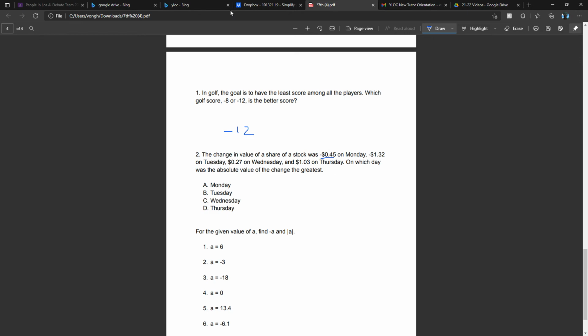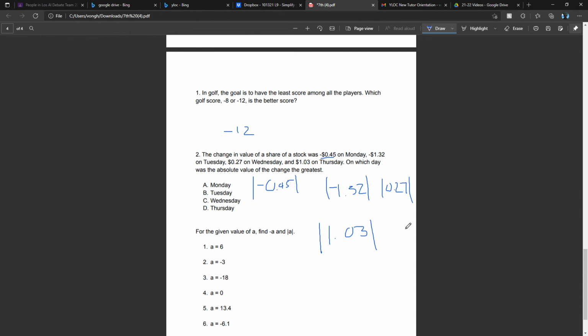So basically, it's asking which one is the greatest in absolute value. So let's write it all out. Now we know that for absolute value, whatever is in there, since there's nothing to add, we just change them.